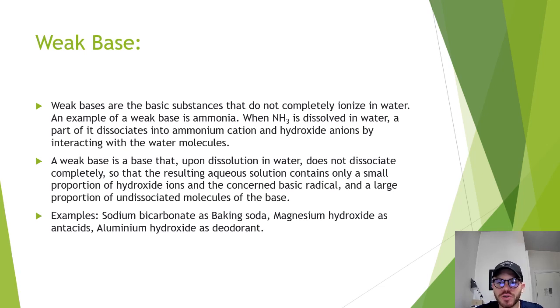When ammonia is dissolved in water, a part of it dissociates into ammonium cation and hydroxide anions by interacting with the water molecules. A weak base is a base that, upon dissolution in water, does not dissociate completely, so that the resulting aqueous solution contains only a small proportion of hydroxide ions and the concerned basic radical and a large proportion of undissociated molecules of the base.